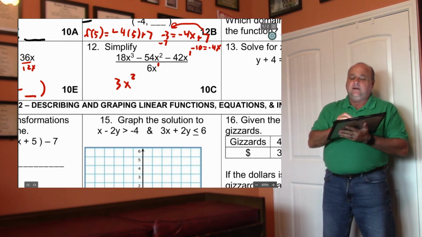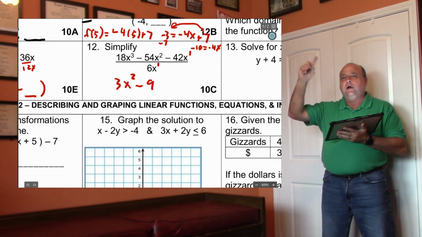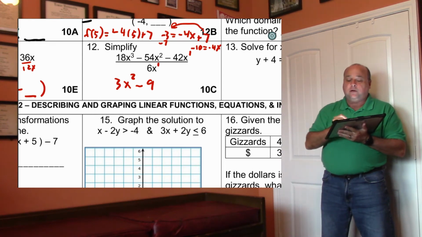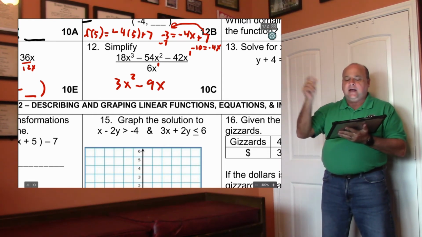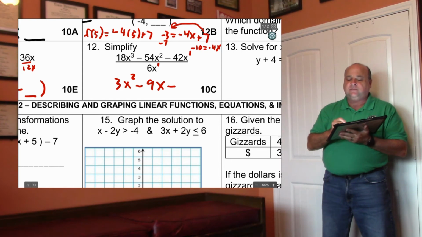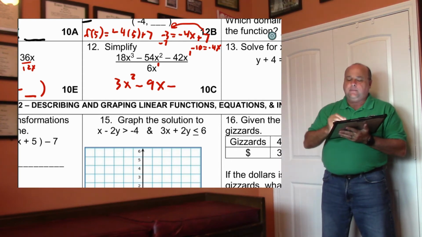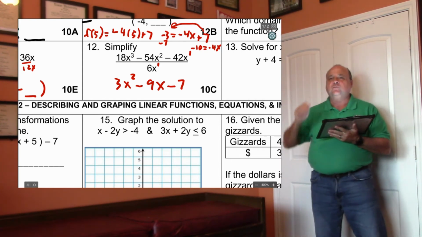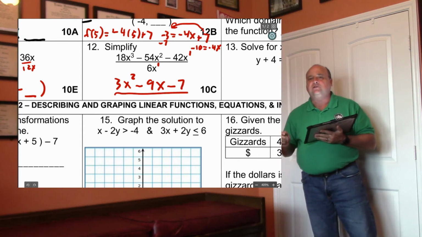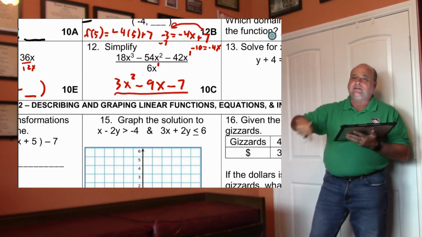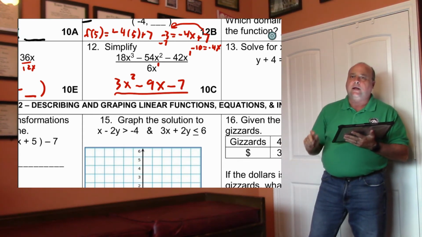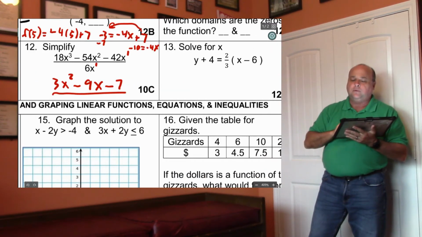The next one, a negative divided by a positive is a negative. 54 divided by 6 is 9. X squared divided by x to the 1, 2 minus 1 is 1, or just x. And lastly, a negative divided by a positive is a negative. 42 divided by 6 is 7. The x's would cancel out. This would be the answer. If I multiplied that by 6x, I would get my numerator, wouldn't I? Just like you do with numbers.